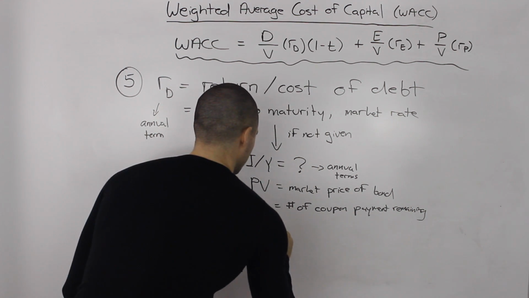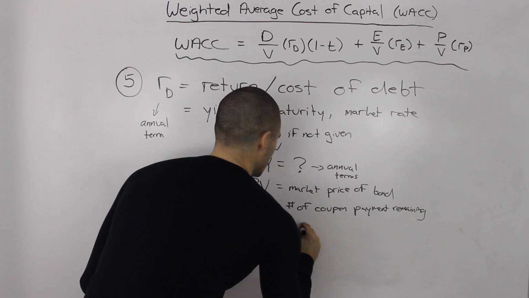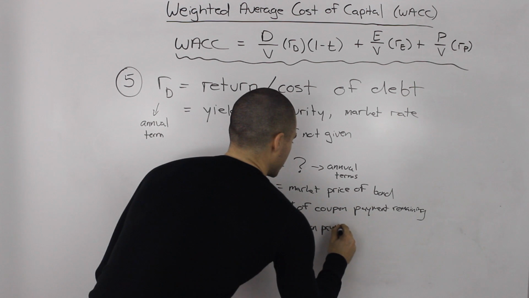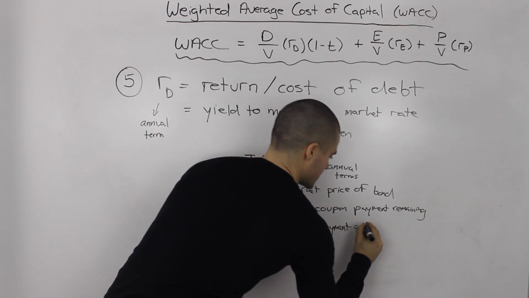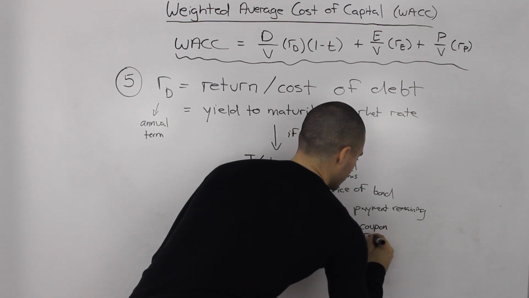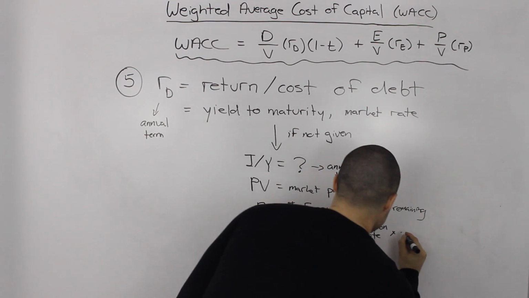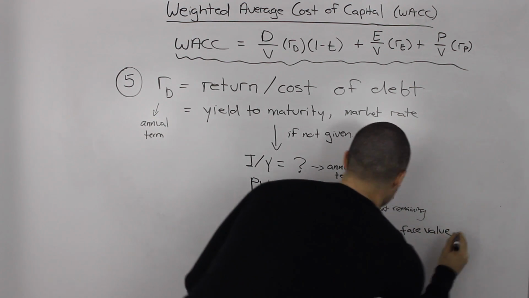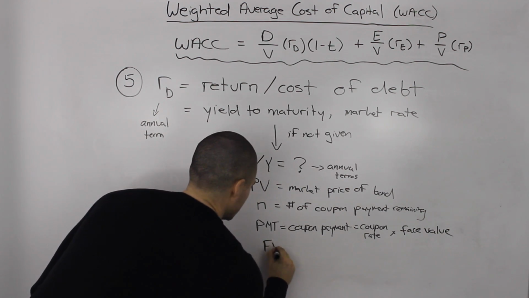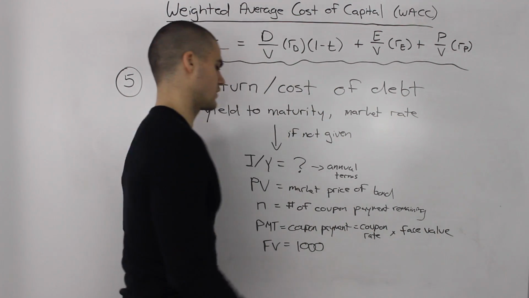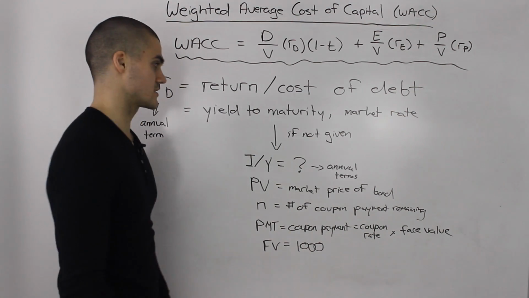Your payment will be the coupon payment, which is just the coupon rate times the face value, and then the face value will just equal usually 1,000 per bond. Sometimes they might give you a different face value, but usually it's 1,000.